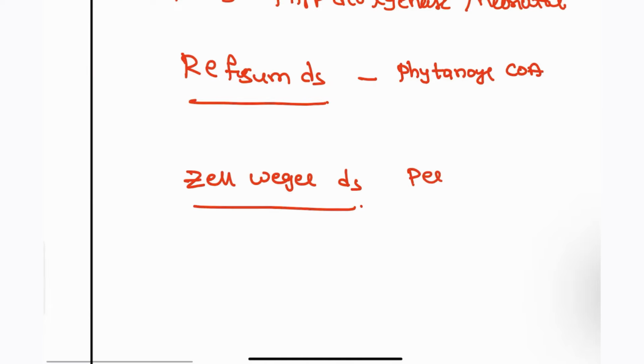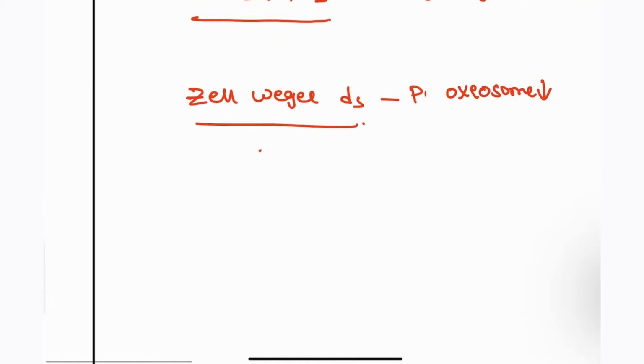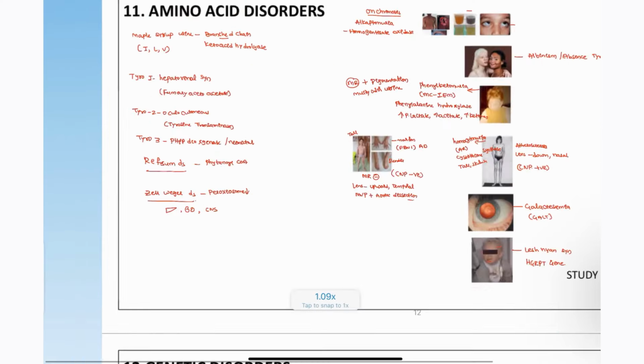This is due to deficiency of peroxisomes. Peroxisomes are deficient in this patient. So it will involve the liver, the kidney, and also the CNS, right? A cerebrohepatorenal condition known as Zellweger disease.